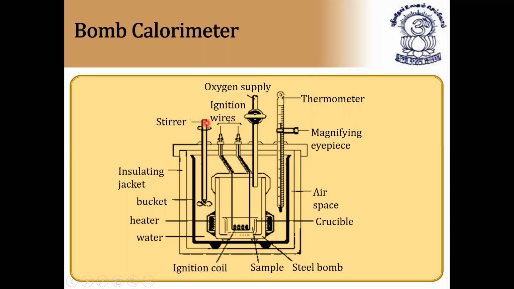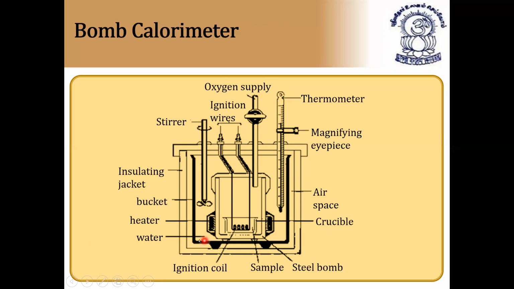What is the use of the stirrer? The stirrer is to mix the substance. The insulating jacket protects the heat. The heater generates heat. Water is getting heated up because of the combustion of the substance, because heat lost by the hot body is heat gained by the cold body. Water is the cold body.